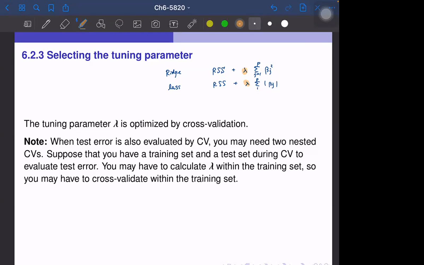So sometimes two layers of cross-validation are needed to evaluate the model, ridge regression or Lasso. Yes, two nested CVs are possible. To be concrete, suppose n is 1000, then how do we estimate it? Okay, think about 5-fold cross-validation.